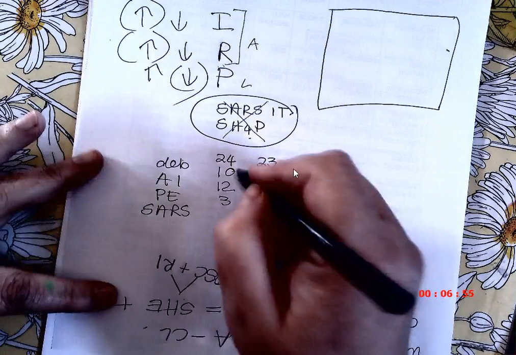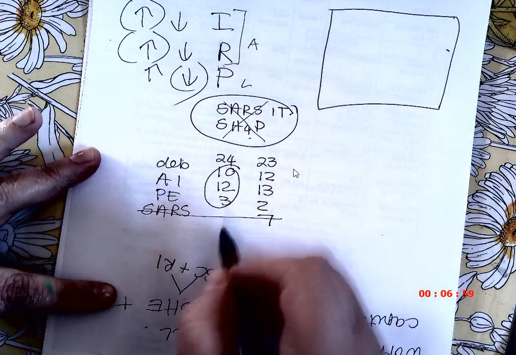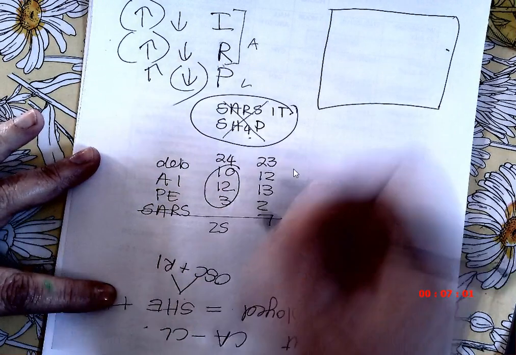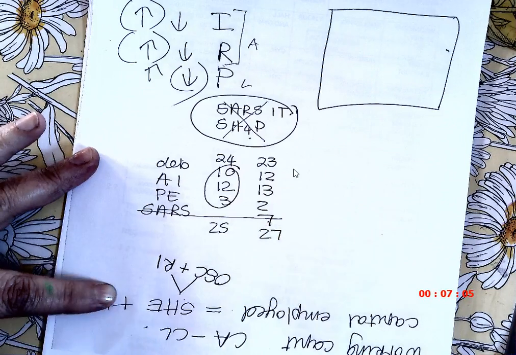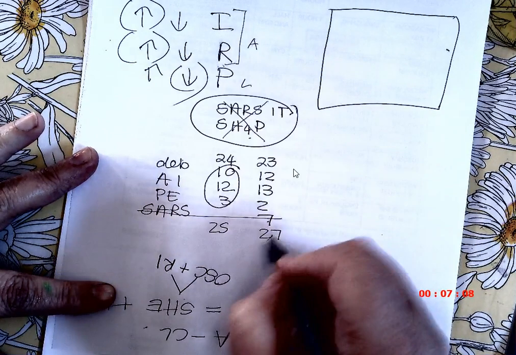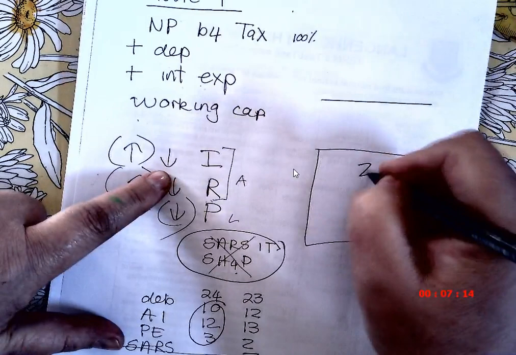So now I'm going to add those ones. Can you see I'm going to ignore SARS? Those ones are going to be 25. Those ones are going to be 27. Can you see I'm ignoring the 7? And now I see, oh, it's a decrease of 2. A decrease is positive.